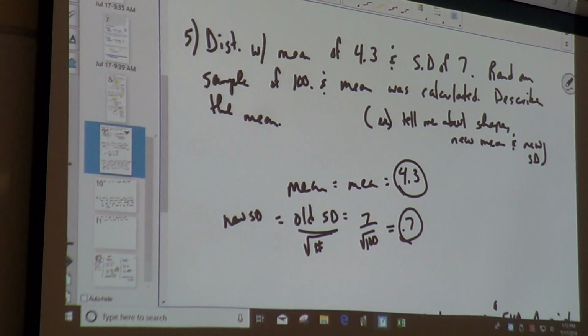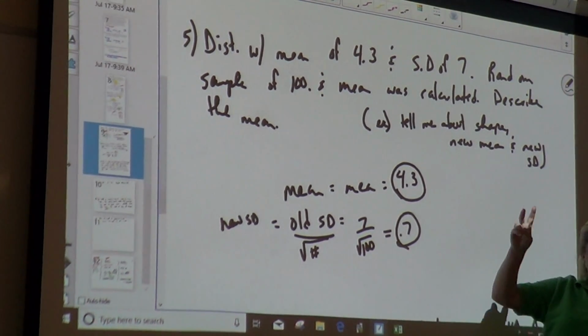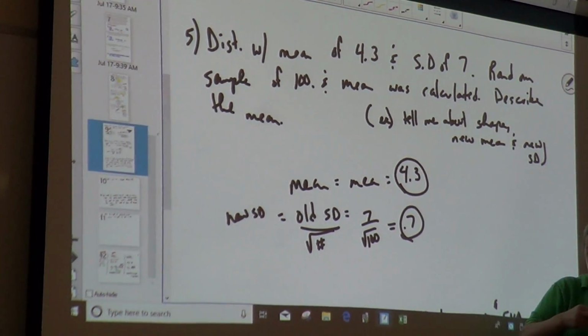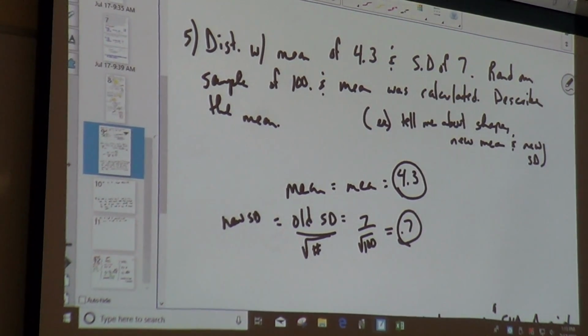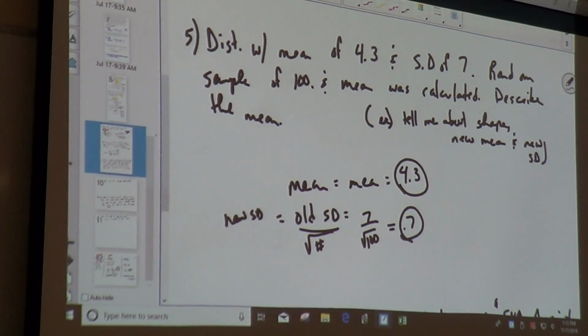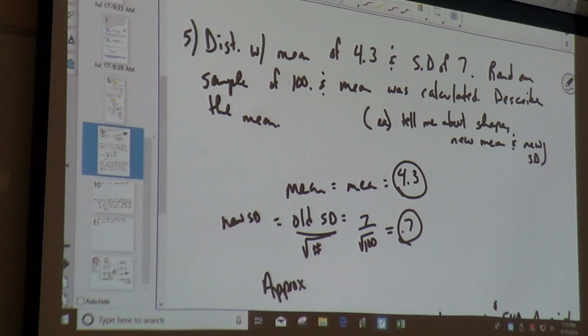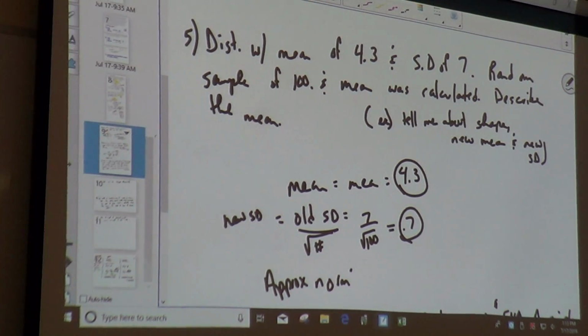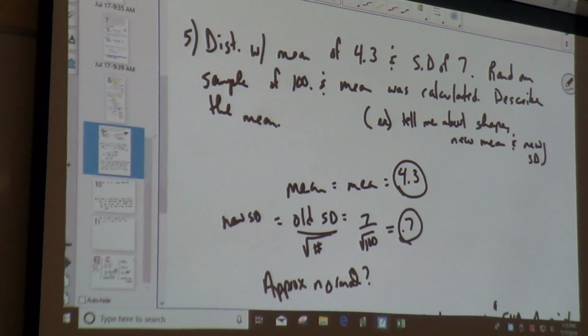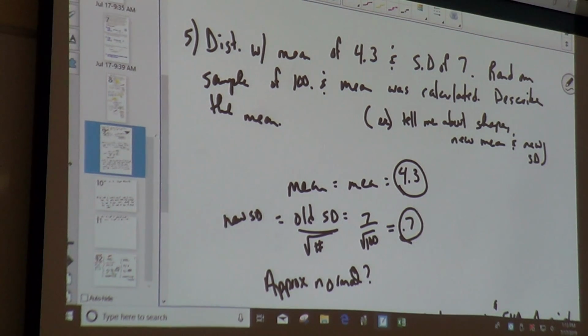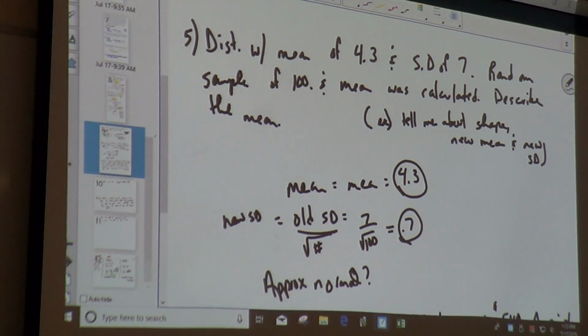Now, tell me about the shape. Is it approximately normal or not? How do you tell if it's approximately normal? Is the sample size greater than or equal to 30?